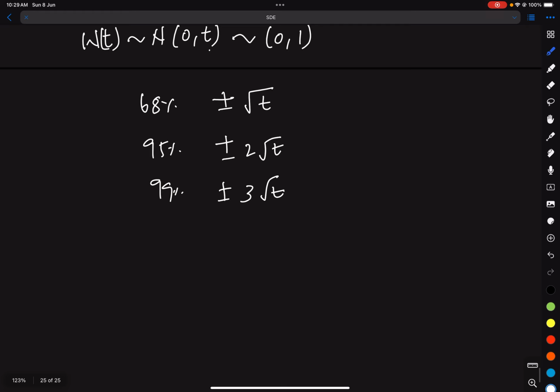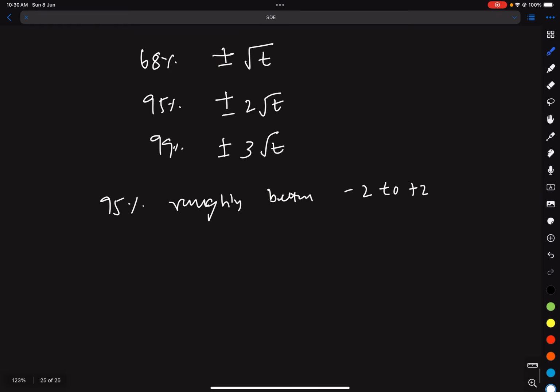In our case t is 1, so for 95% we'll get values roughly between minus 2 and plus 2, and for 99%, between minus 3 and plus 3.